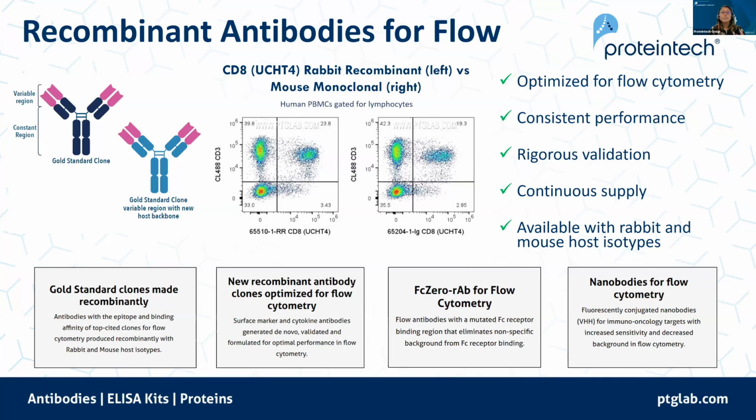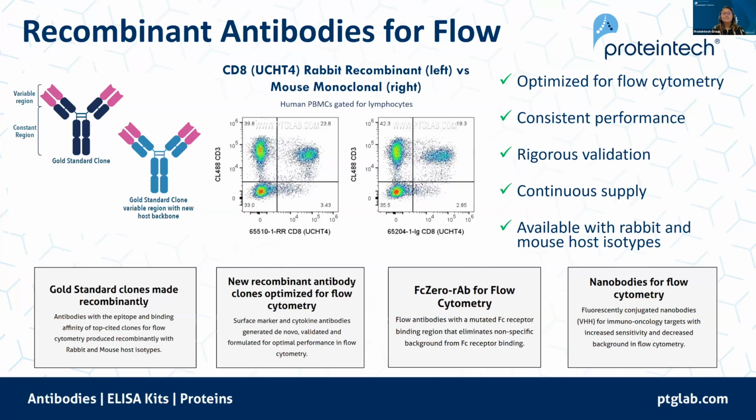So you will get the epitope and binding affinity of gold standard clones, but on that recombinant backbone that fits your panel. Our R&D team has also genetically engineered new recombinant antibody clones that have optimal performance in flow cytometry, as well as antibodies that have a mutated Fc receptor binding domain, which eliminates the need for Fc receptor block.